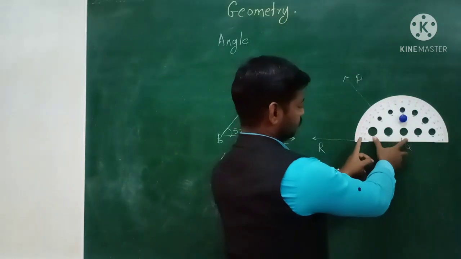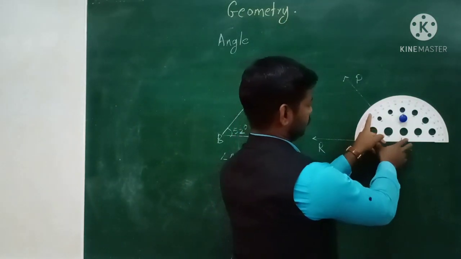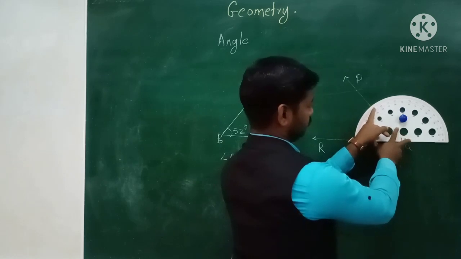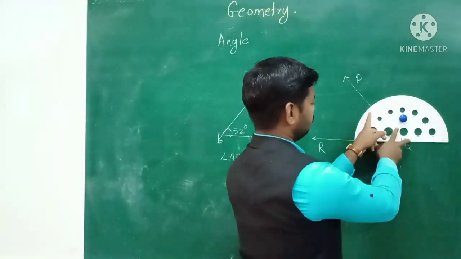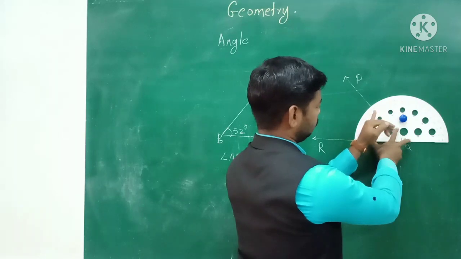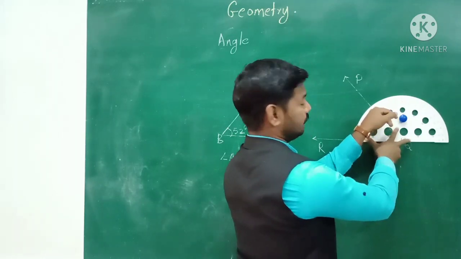From 0 we will measure 0, 10, 20, 30, 40. It is not 160. So we have to count from 40, 41, 42, 43, 44, 45, 46, 47, 48 and 49.